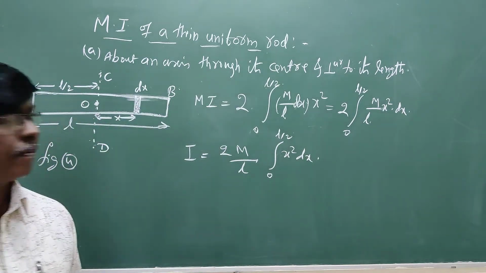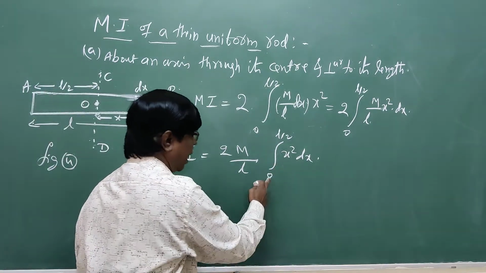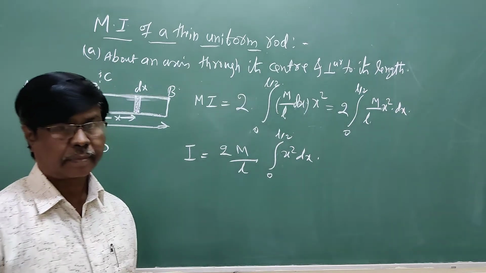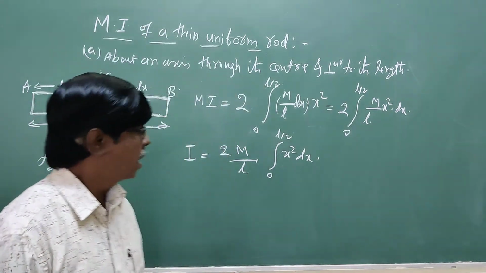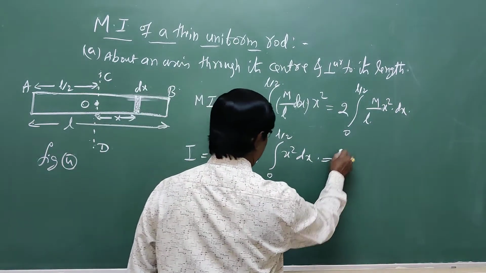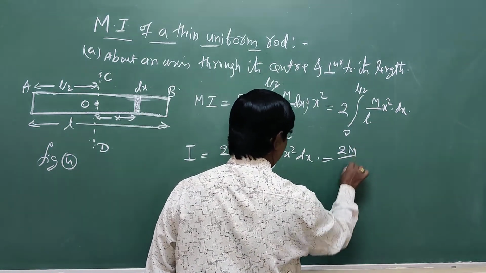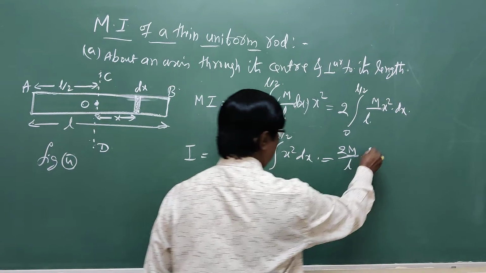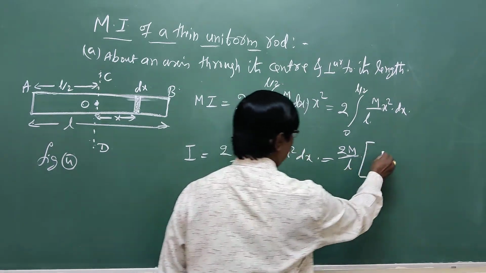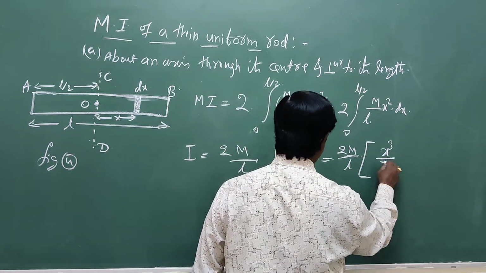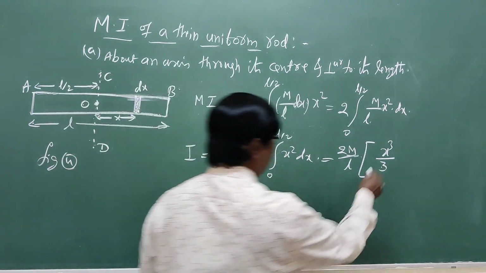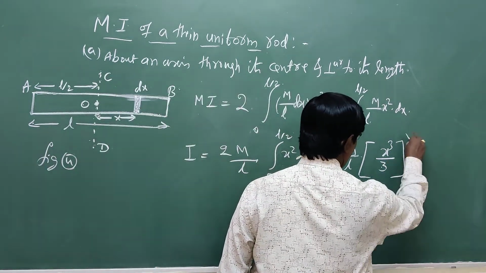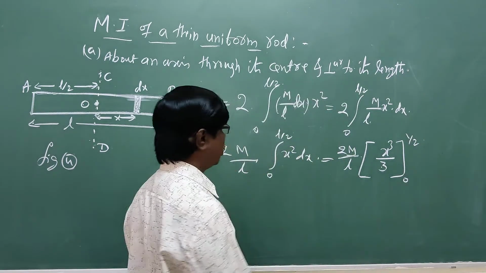Now integrate x square and substitute the limit. So what you have to do is write 2m divided by L. If you integrate this one, this becomes x cube by 3. Then substitute the limit 0 to L by 2.